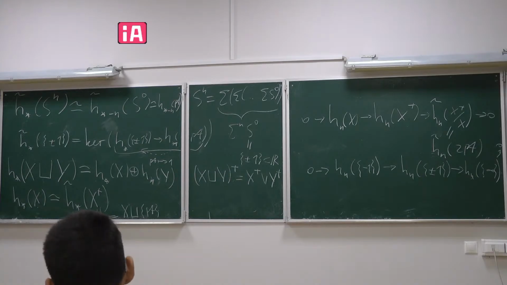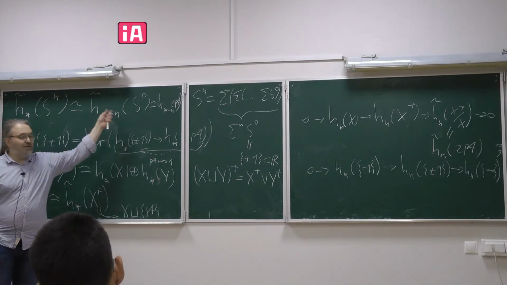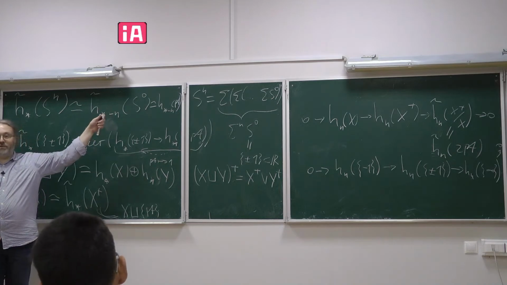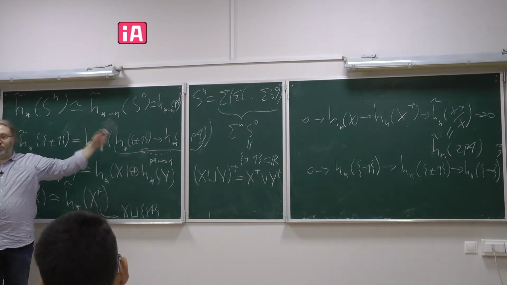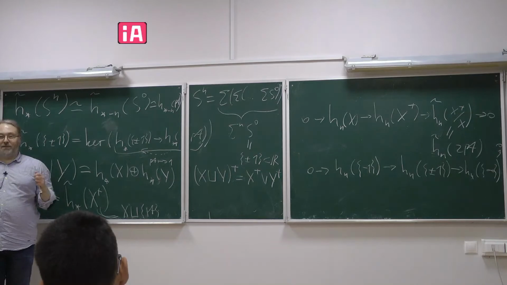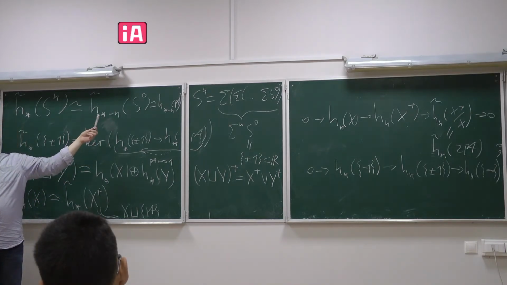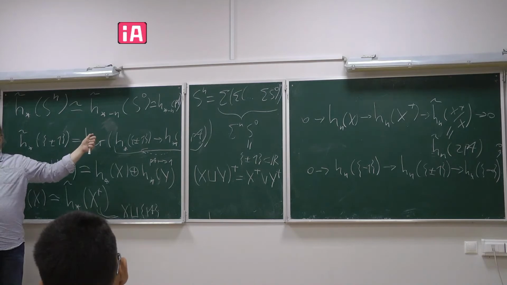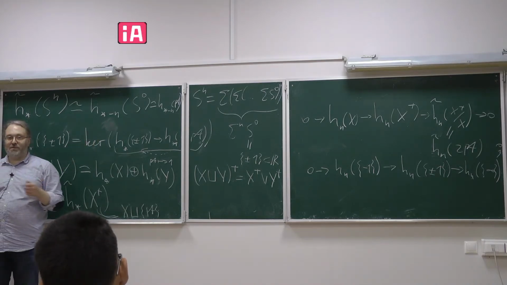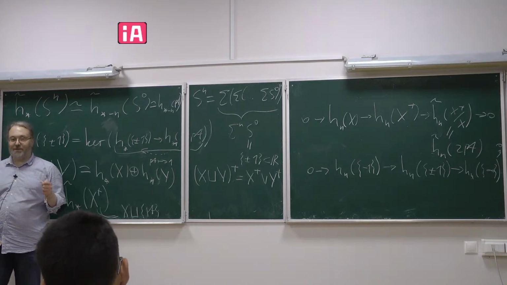So my suggestion is let's assume this formula and think about how to prove this from what we already know. Let's assume this formula and basically move on to something more interesting.